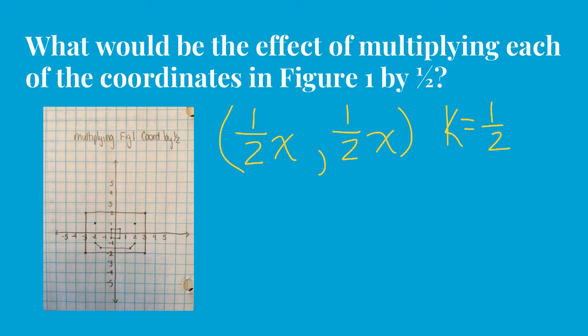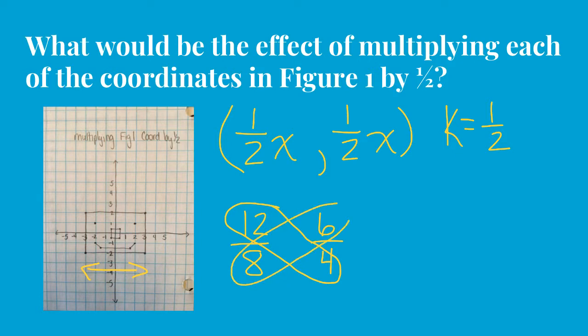My original, remember, was 12 wide and 8 tall. This one is 6 wide and 4 tall. So if I checked my sides, they would be in proportion. So one effect is that I'm going to get a similar figure. Let me change my color on that. Hold on just a second.